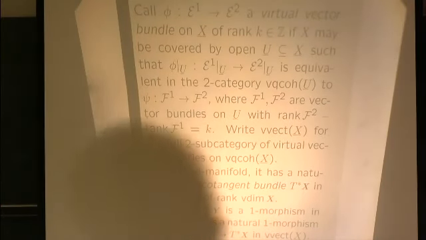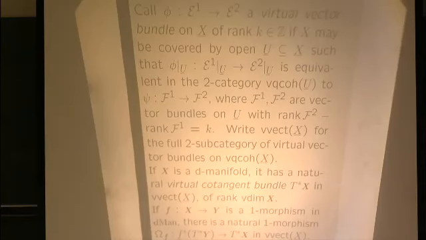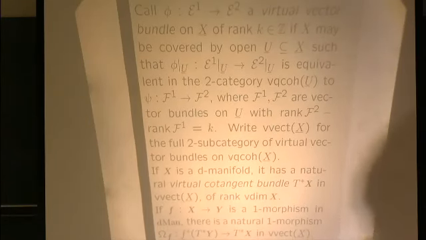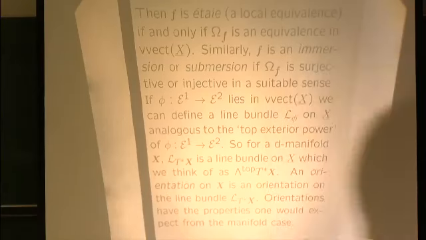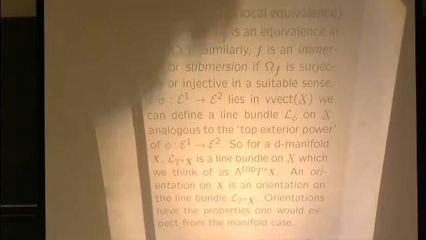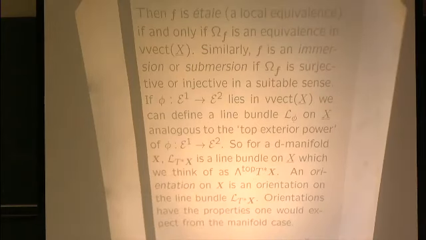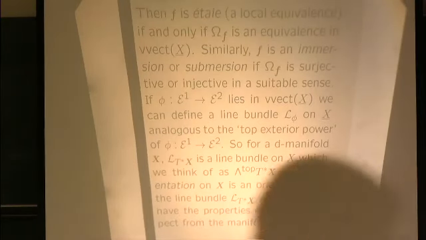And if you're given a one morphism in D-manifolds, then you get a natural one morphism, which is basically df going between the cotangent bundles in the way you'd expect. But it turns out that your one morphism is étale, that is, locally an equivalence, if and only if this morphism omega f is an equivalence of virtual vector bundles.